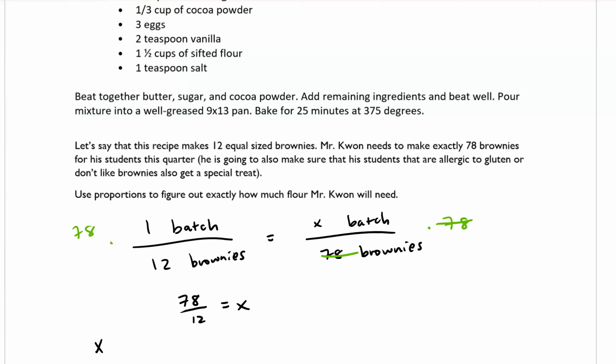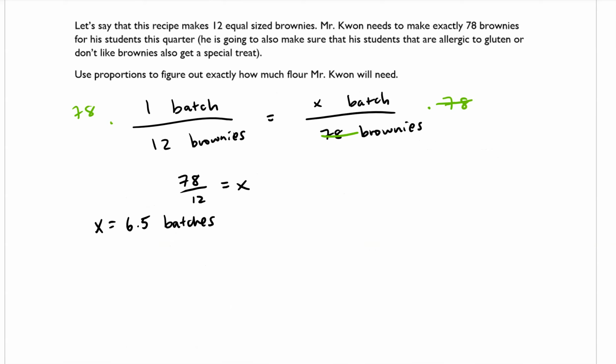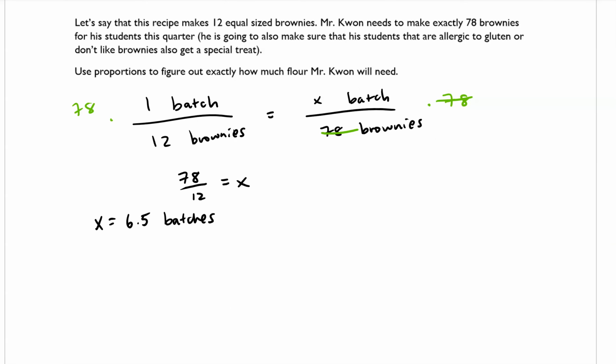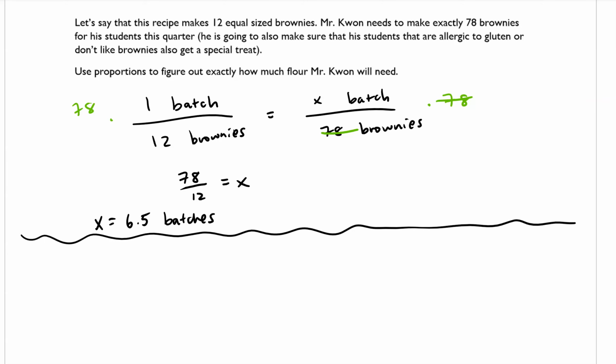So in order to create 78 brownies, we're going to have to make 6.5 batches. So if you look back at the recipe, we're going to have to make another proportion.